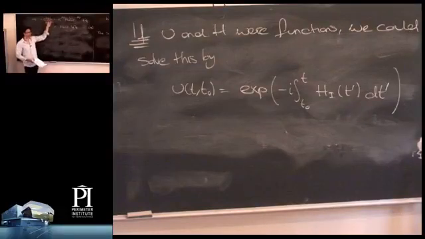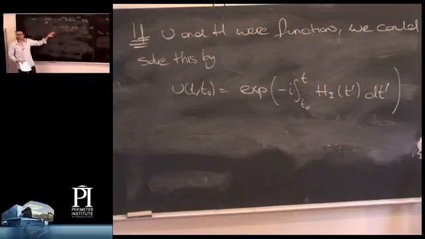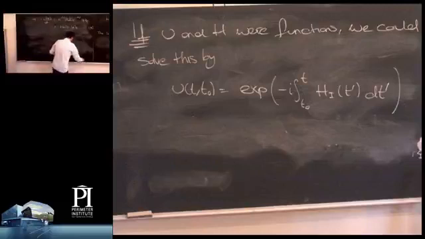It looks like the Schrödinger equation, except this is in the interaction picture, and this is just the interaction part of the Hamiltonian in the interaction picture. Okay? You got this equation from Malcolm as well? Yeah, good. So now we want to solve it.